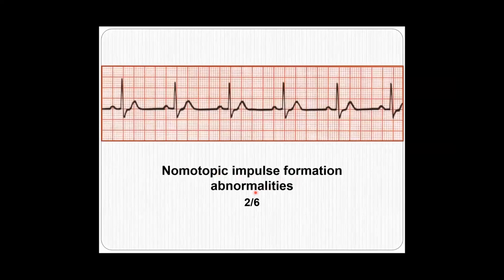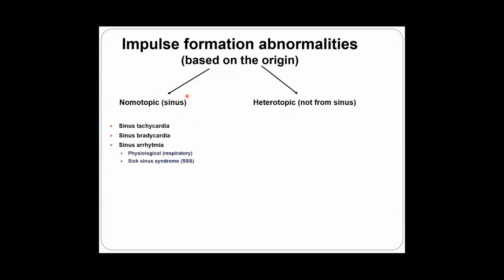So far, we were talking about when the impulse came at different times, earlier or later. Now we can talk about whether the impulse is coming from the sinus or not from the sinus. If we have an impulse coming from the sinus, however, the rate is not the same as a normal one.